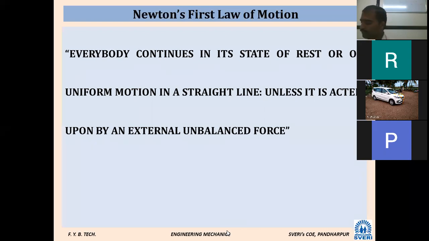Roll number 10 absent. 13 absent. 16 absent. 18, 19. Hello, sir, 19 present. Hello. 16 present, sir. 16, what is your name? Yogesh Shule.